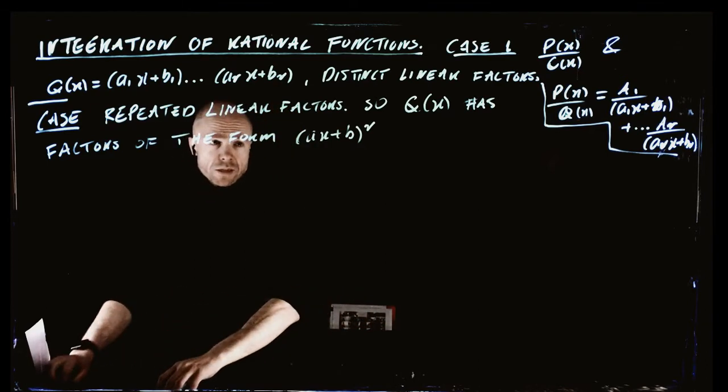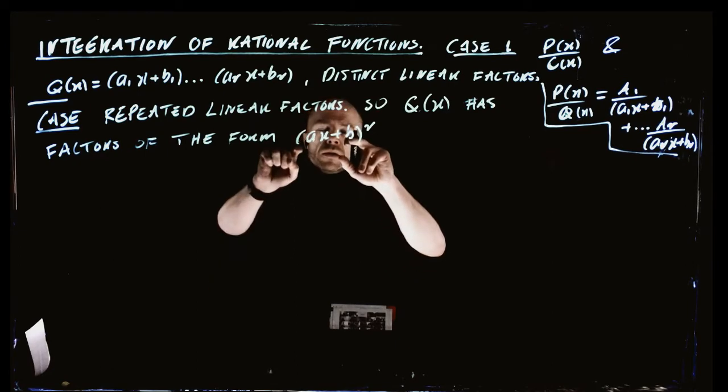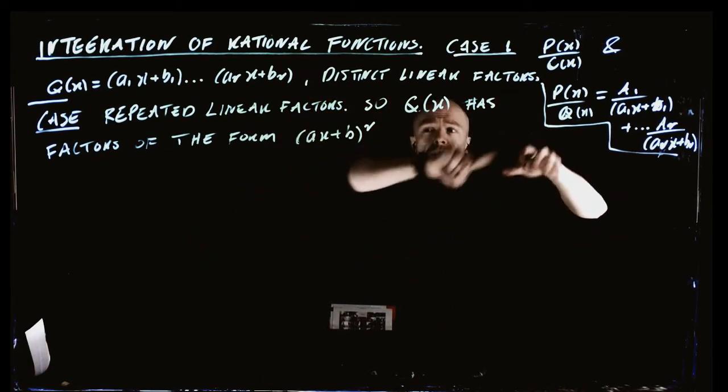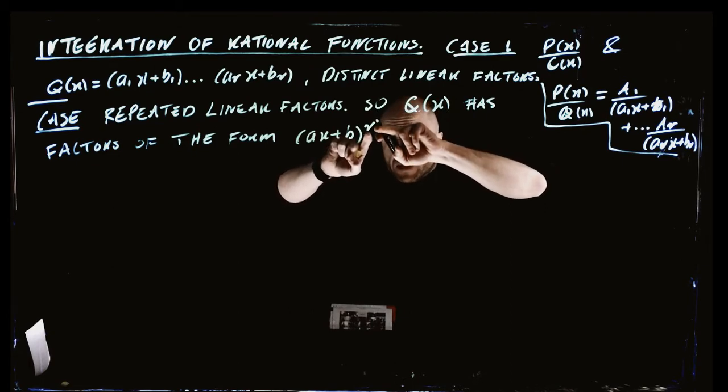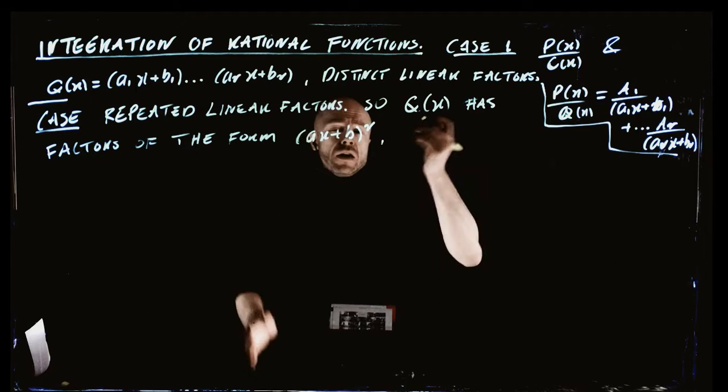When you have something like this, then you have to deal with it by adding a number of individual terms, which has to be r, depending on this power here, and the terms you add are as follows.